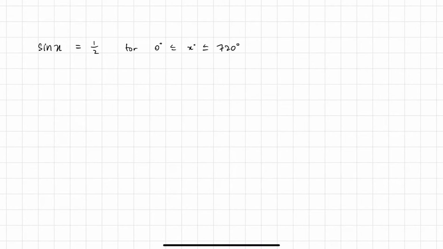So sine x is equal to a half. So we know that x is equal to 30 degrees, right? And if I draw up a little all stations to central, sine is positive in this one and this one, right? And this one's theta, 180 minus theta.